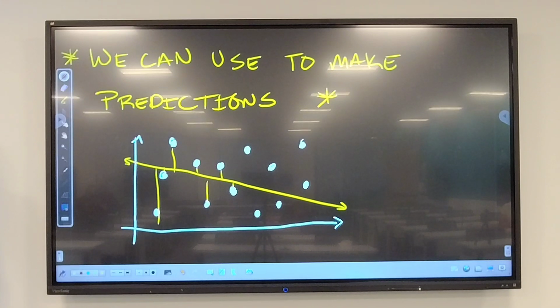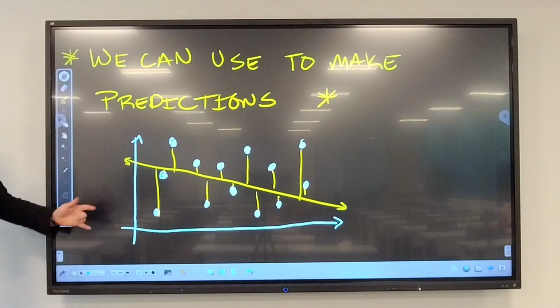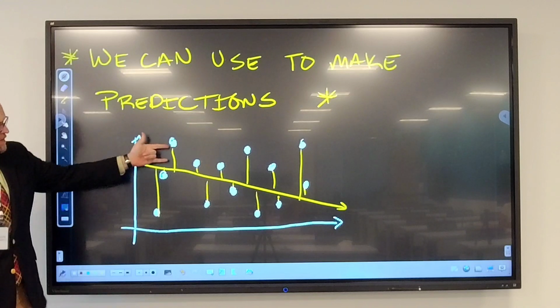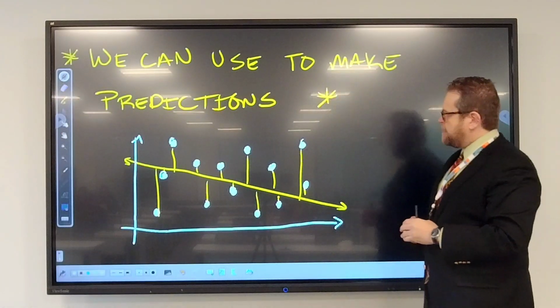Suppose it was this one. It's not very obvious to me that that should be my best predictor, even though this line might be the one where all of these lengths are as small as they could be when you add them up.